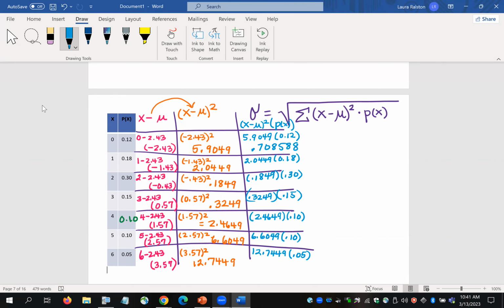So you could do that step if you wanted to at the same time. Okay, I'm trying to get the numbers multiplied out for you. This is probably the longest process you'll have for this particular topic.